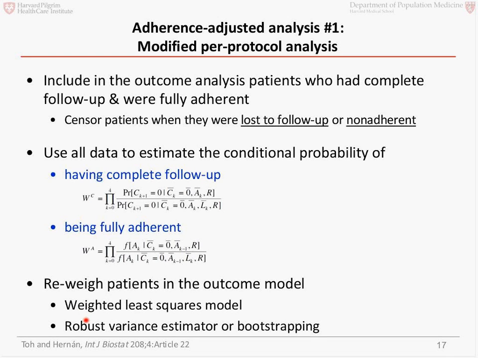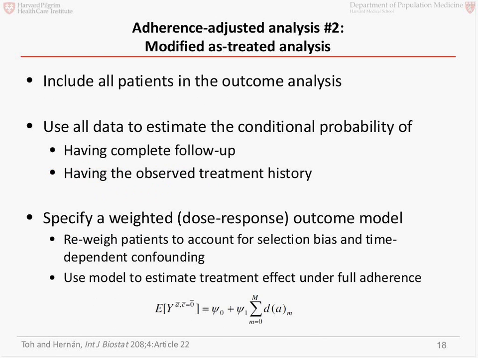Because the weighting process introduces correlations between the observations, we usually use a robust variance estimator to get a more conservative 95% confidence interval. You can also use bootstrapping to get a slightly narrower 95% confidence interval. So that was the first adherence-adjusted analysis.